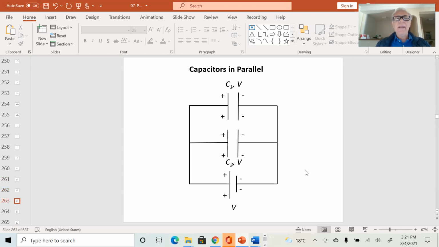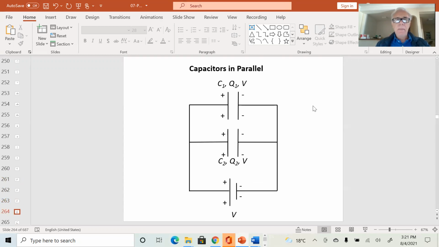The voltage is going to be the same because they are connected to the same point of the battery. The energy between those two plates is going to end up equal to the energy between those two plates. But the electric charges are going to be different, just like the electric current may be different for resistors in parallel.